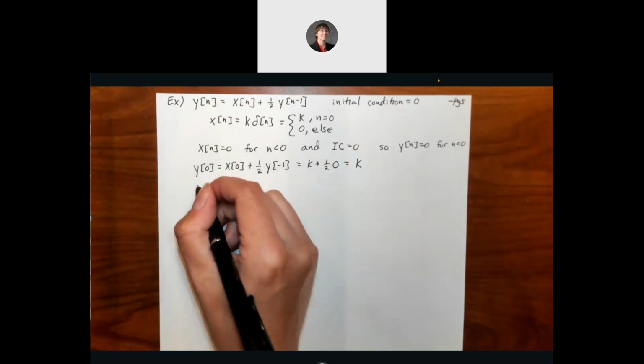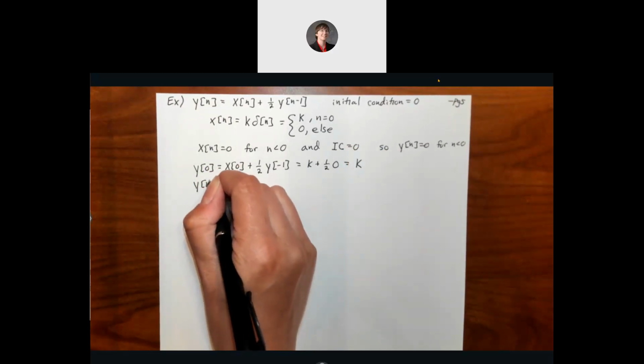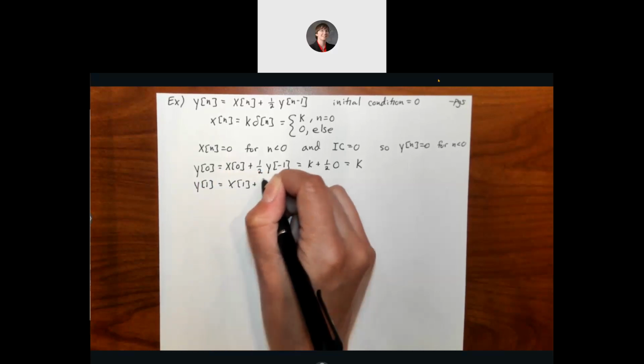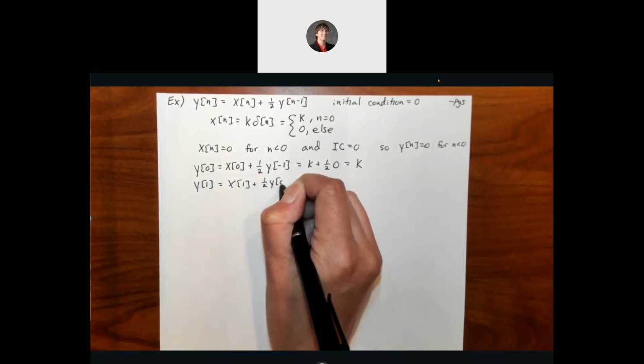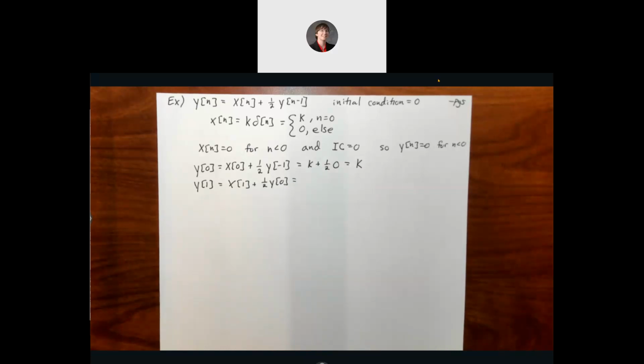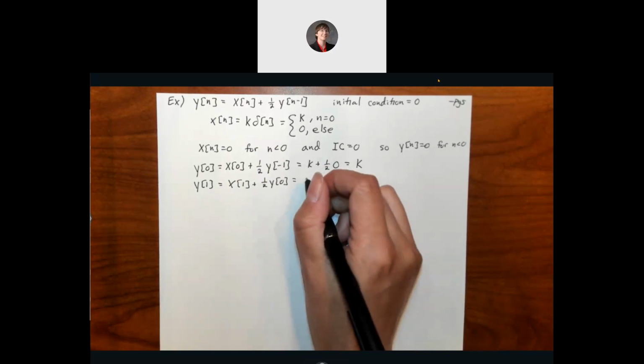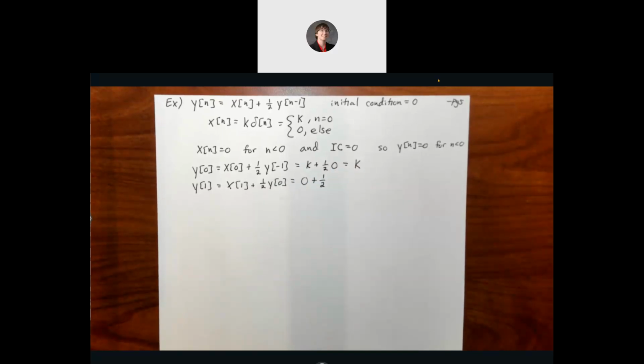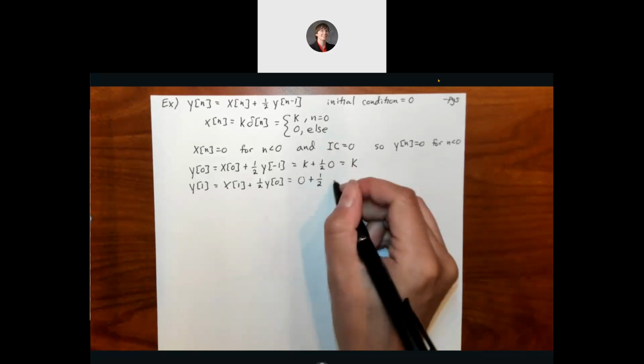And so like I said, I can do this recursively. So now I can compute y of 1, which is x of 1 plus 1/2 y of 0. So x is 0 everywhere except n equals 0. So that makes it a little bit nicer doing this. And then we have 1/2.